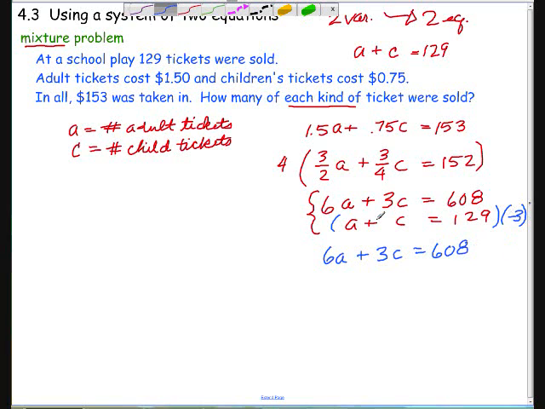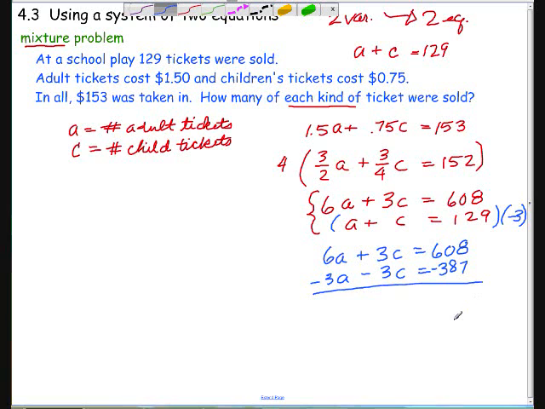The second equation, every term on both sides is going to be multiplied by -3. So I'll have -3a, -3c, and multiplying this by, I know I'm going to have a negative number. What's it going to be? 387. I hope I'm right.